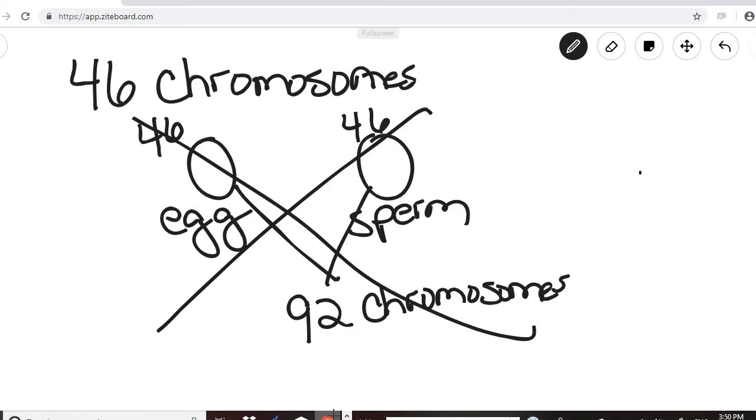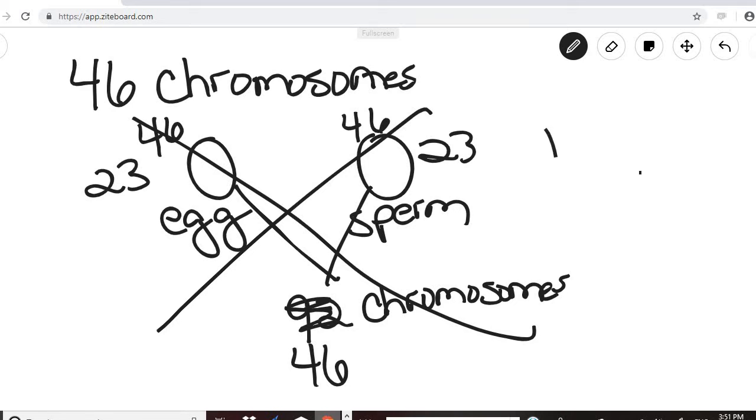And so what has to happen before the egg and the sperm come together in fertilization is that you have to get the number of chromosomes in each of them down to half of their number. So this needs to get down to 23 chromosomes, and that needs to get down to 23 chromosomes so that the offspring that results will have 46 chromosomes.